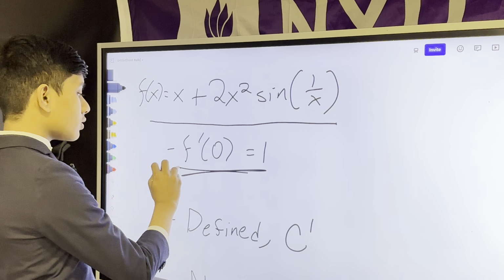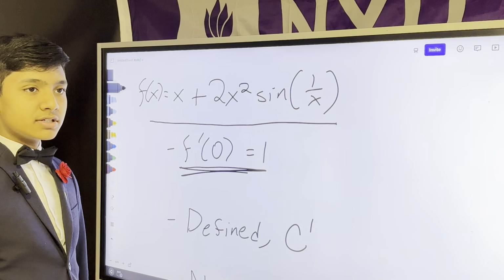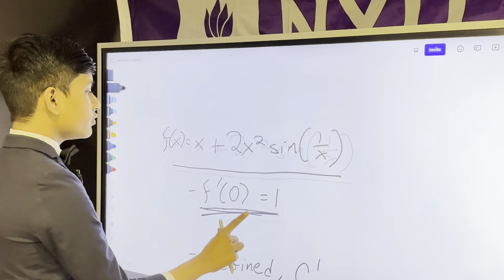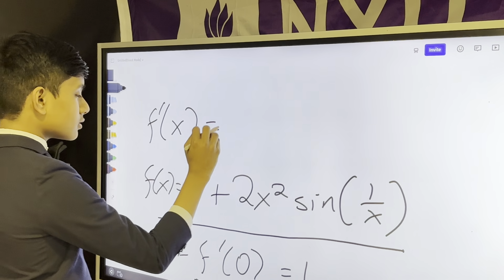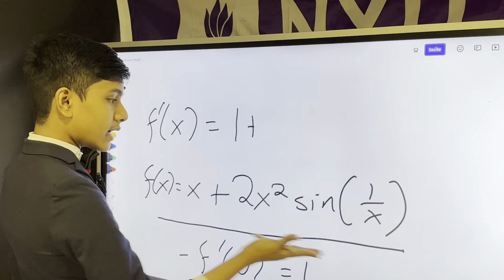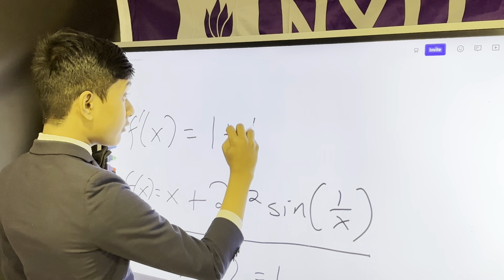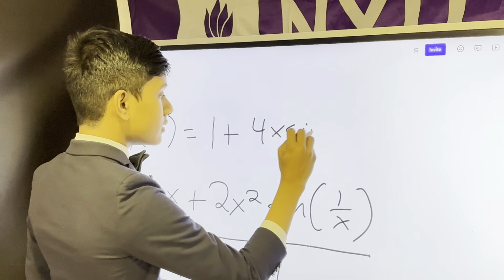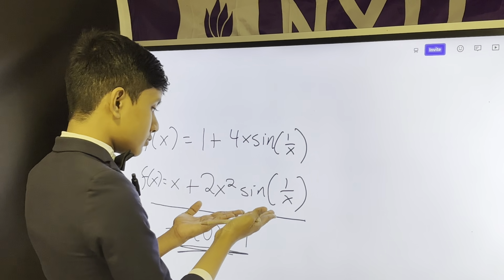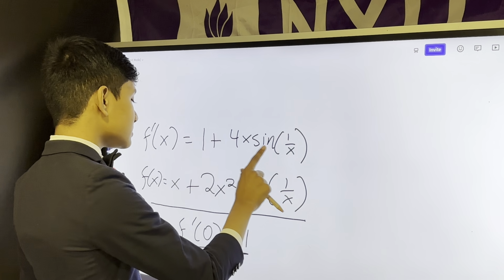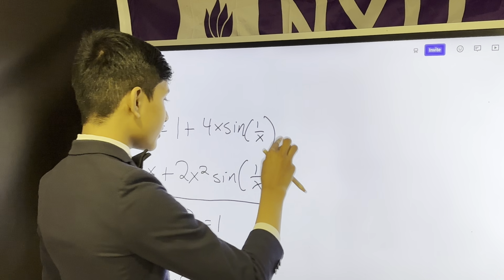Alright, so first of all, this guy, right over here, f prime of 0 is equal to 1. How do we prove that? Well, f prime of x is going to look something like this, and we're going to have to use the product rule on this guy. So we're going to get 4x sine of 1 over x, and then we're going to have to do something messy with this. Essentially, we're going to have to take this out, take the derivative of that.